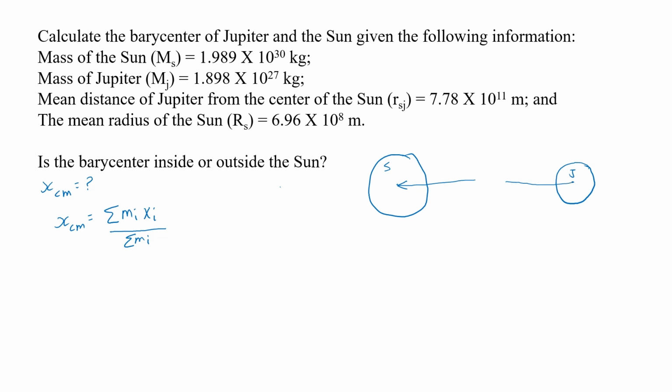We know the distance from the center of Jupiter to the Sun is given as R sub Sj. Now, the choice of axis of rotation is arbitrary. You can choose any. For our convenience, if we choose our axis of rotation to be right here, this is the axis of rotation.